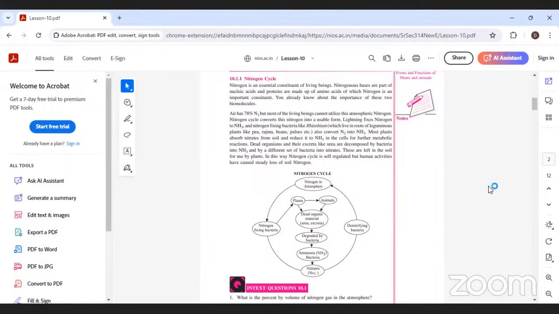Nitrogen is excreted by animals in the form of urea and is also found in the dead bodies of organisms.